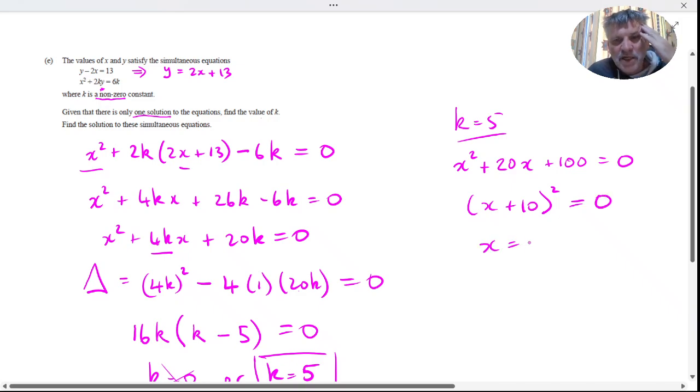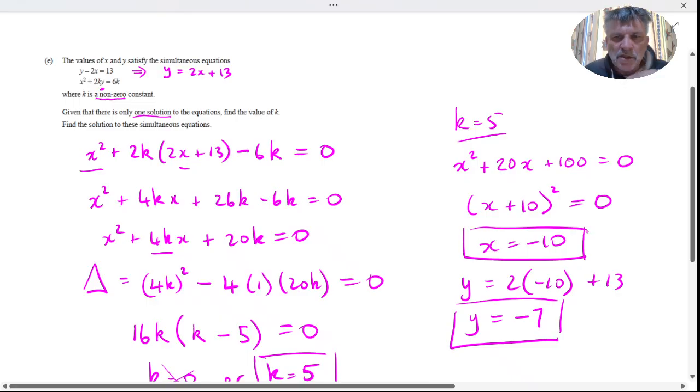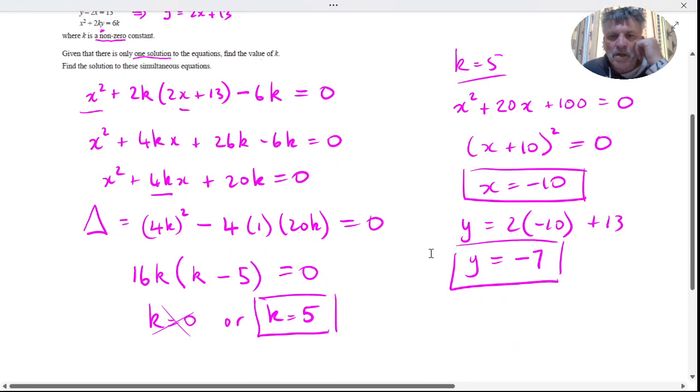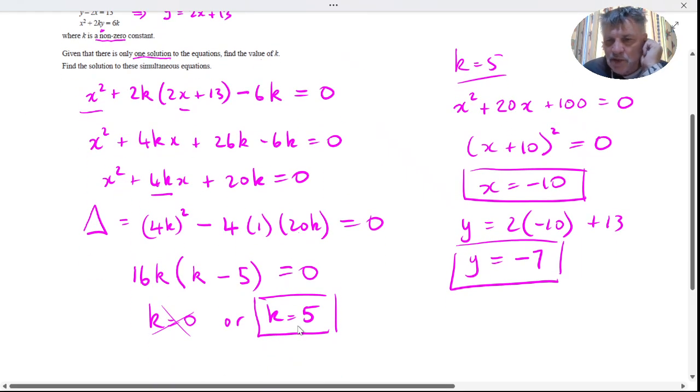That's the same as x equal to negative 10. And if x is negative 10, up here we've got y is equal to 2 times negative 10 plus 13, minus 20 plus 13, that's minus 7. So this is the solution of these simultaneous equations when there is precisely one solution.